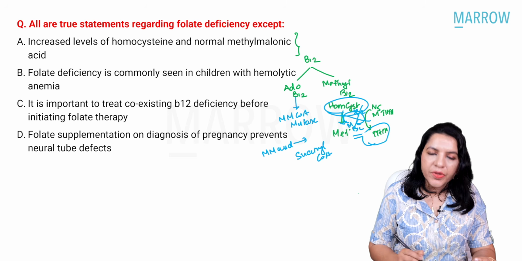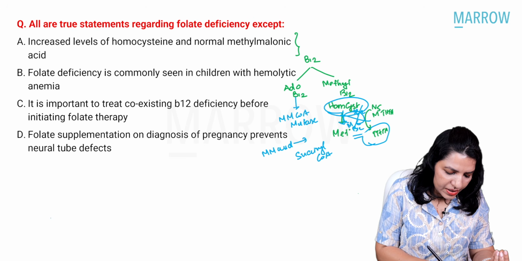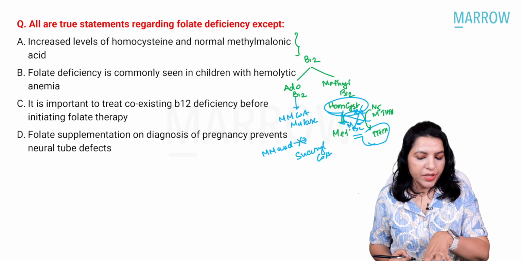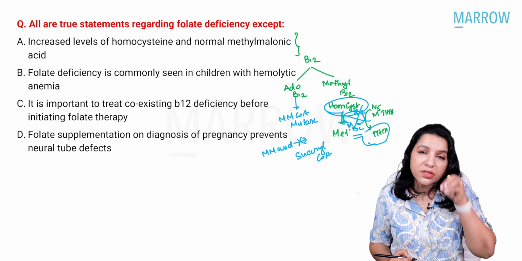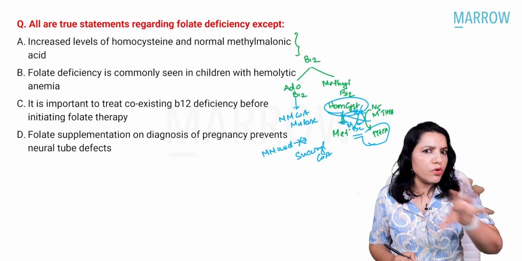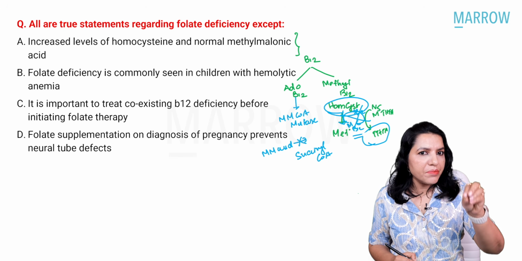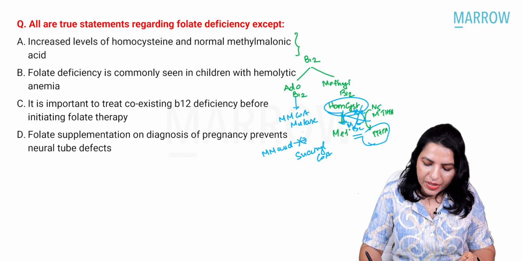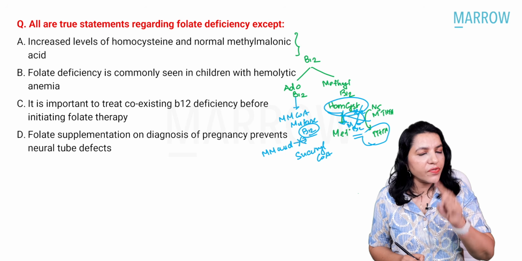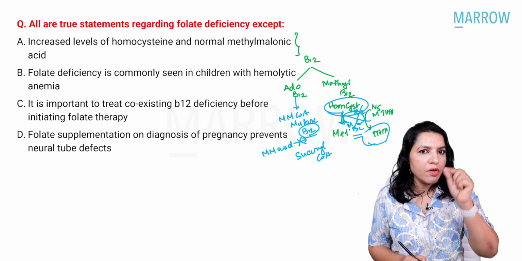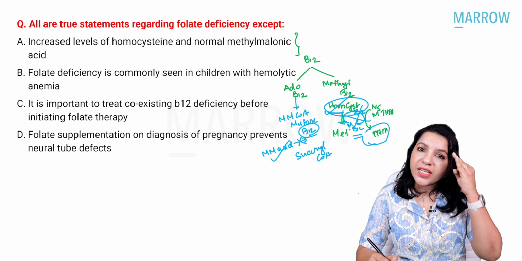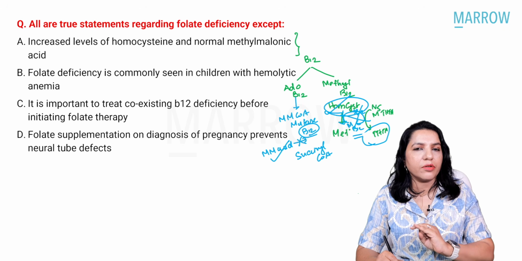coenzyme A. If there is a deficiency in this enzyme, this conversion will not take place. And remember, for this reaction there is no involvement of folic acid, which means this will be affected only if there is a B12 deficiency. If there is a B12 deficiency, homocysteine accumulates and methyl malonic acid accumulates; both will accumulate.